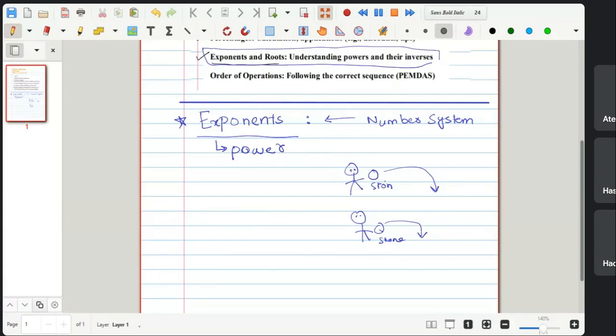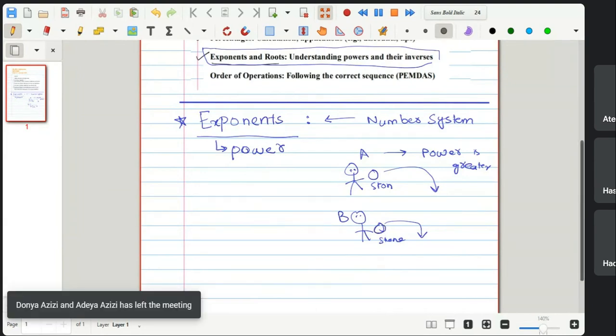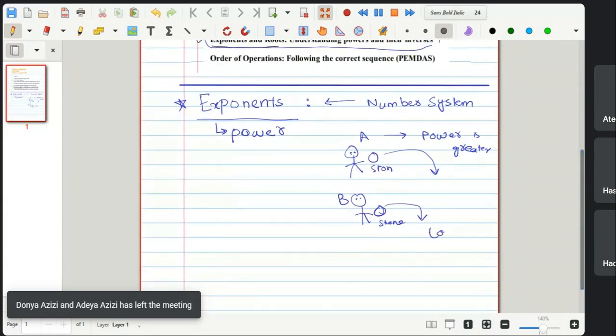So who has the greater power, A or B? It is very clear that A has the greater power. The power of A is greater, and relatively, according to A, the power of B is low.